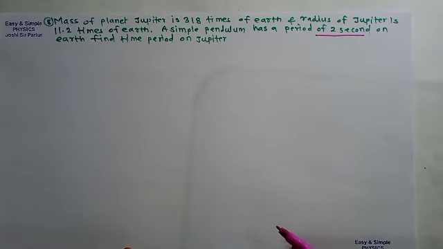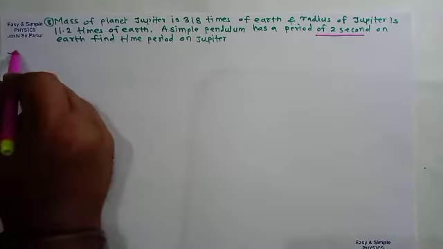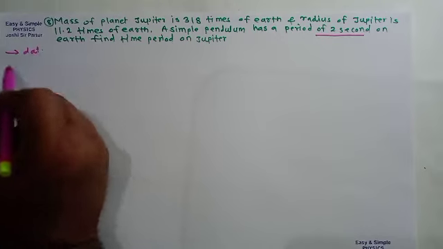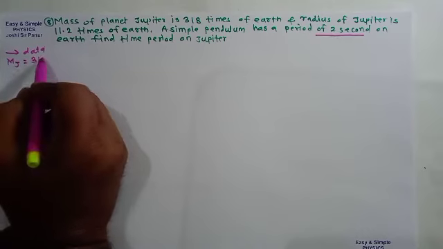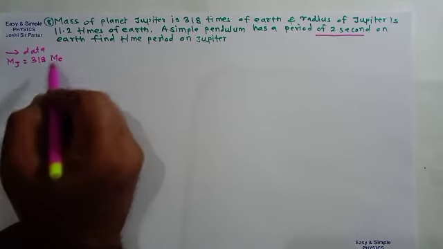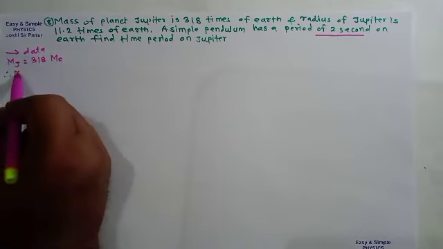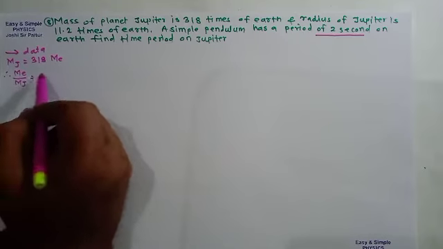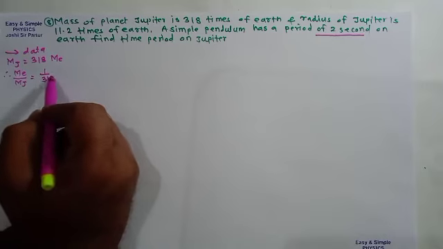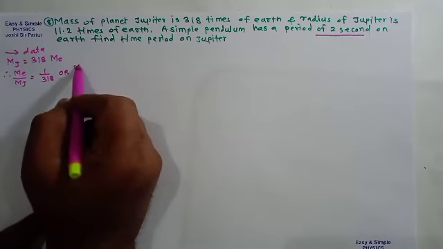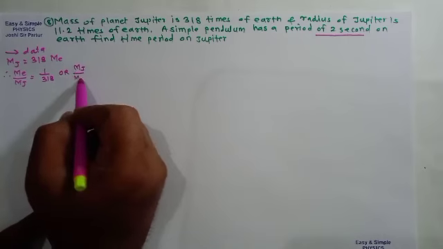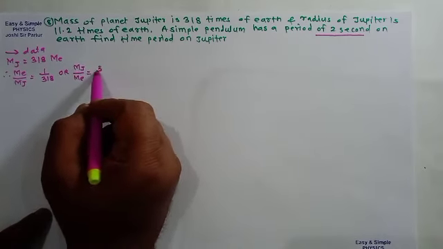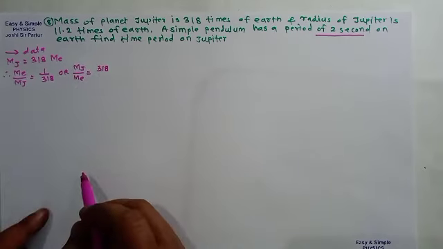See here, if we write the data, mass of Jupiter is 318 times mass of Earth, which means mass of Earth upon mass of Jupiter is 1 upon 318, or mass of Jupiter upon mass of Earth is 318.